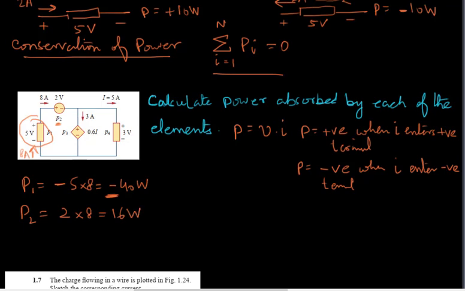Interestingly, positive power means that the power is being consumed. So if this is a voltage source or a battery and power is being consumed into it, it means that the battery is being charged. It's not actually delivering power, it's actually storing power. It's being charged. That's why it's consuming power. Positive.